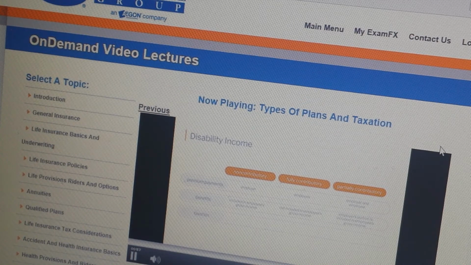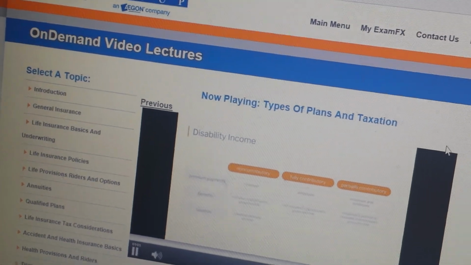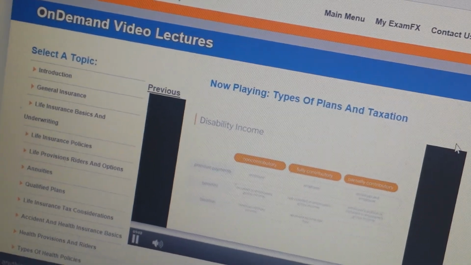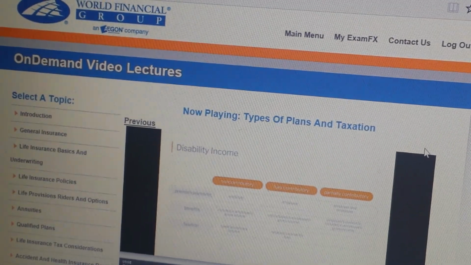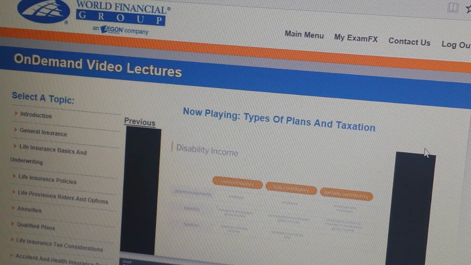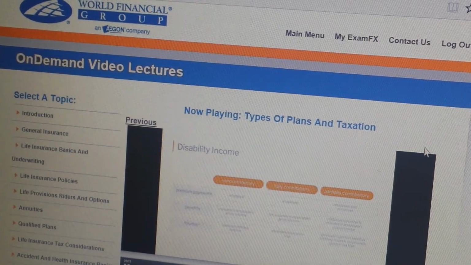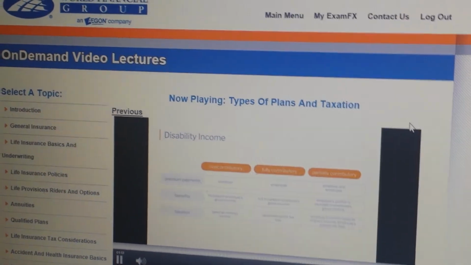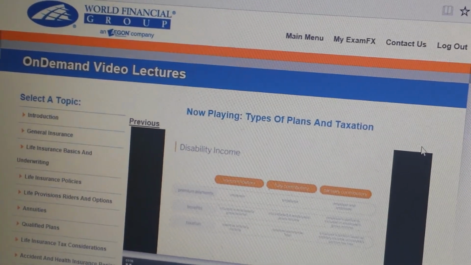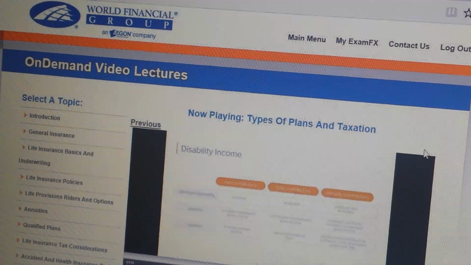And then the taxation on this follows. Non-contributory, it's taxed as ordinary income. If it's fully contributory, you receive the benefit income tax free. And if it's partially contributory, the employer's portion is taxed as ordinary income. The employee's portion that they pay is tax free.